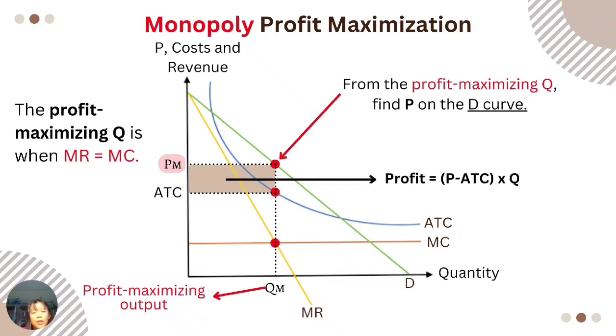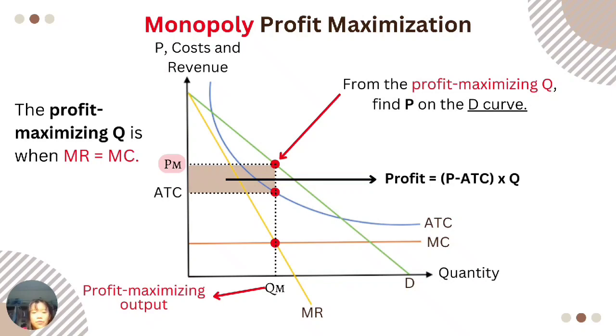So, what is the monopoly profit maximization? As we have known, despite the types of the markets, the profit maximizing quantity is when the marginal revenue is equal to the marginal cost.